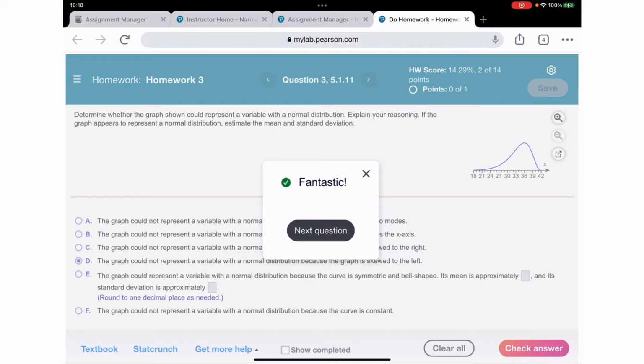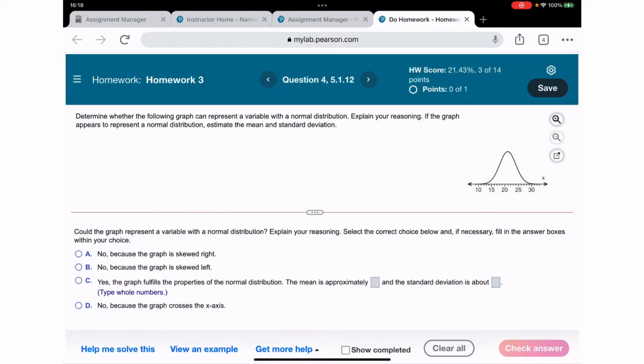Next one. How about this one? Does it represent a normal distribution? Absolutely. This is a normal distribution. Yes, the graph fulfills the properties of a normal distribution. The mean is approximately, let me see, 21, I would say.